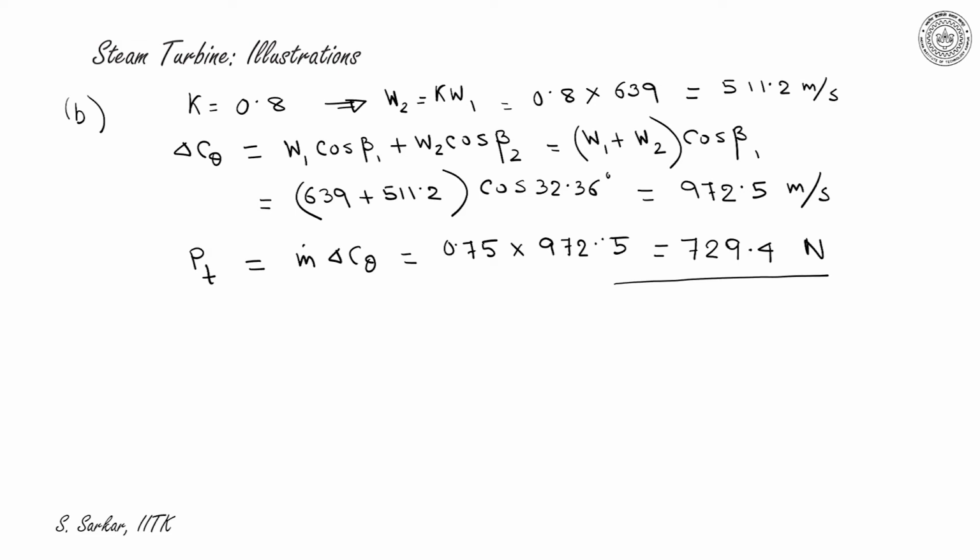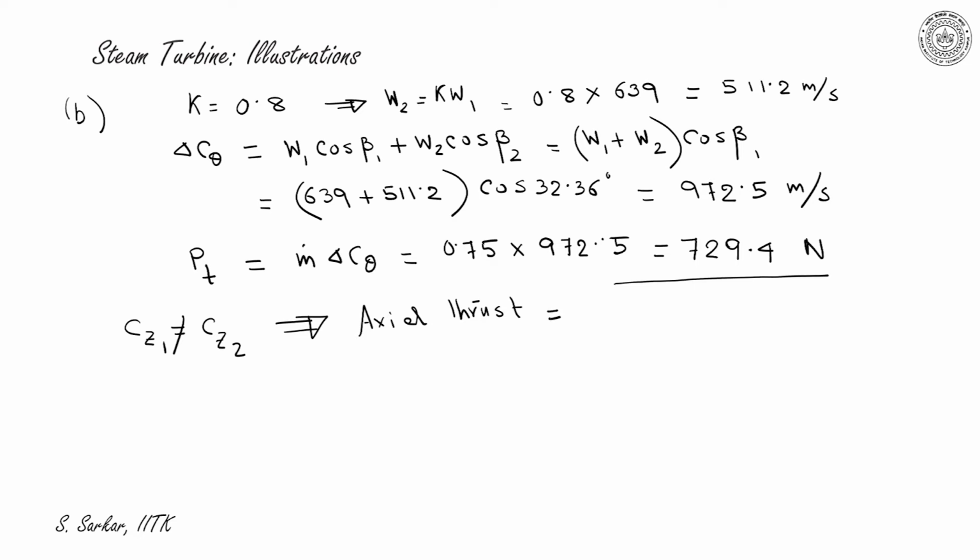Definitely there will be axial thrust now, since CZ1 would not be equal to CZ2. If you refer back to the velocity triangle, you will realize that W1 and W2 are not equal. Hence CZ1 would not be equal to CZ2 here. Thus we'll now get axial thrust. What will be the value of axial thrust?